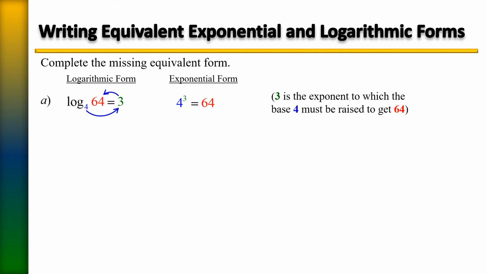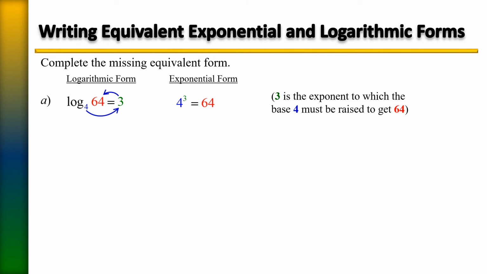In logarithmic form, we say log base 4, because 4 is our base here. Log base 4 of 64, so our answer goes here, equals 3, because 3 is the number that I have to raise 4 to in order to get 64.